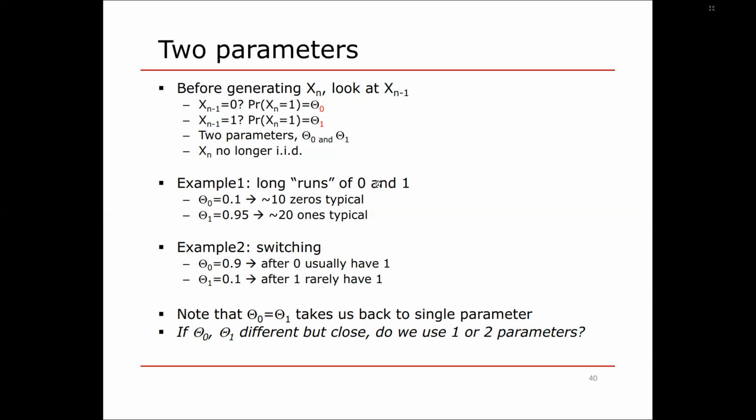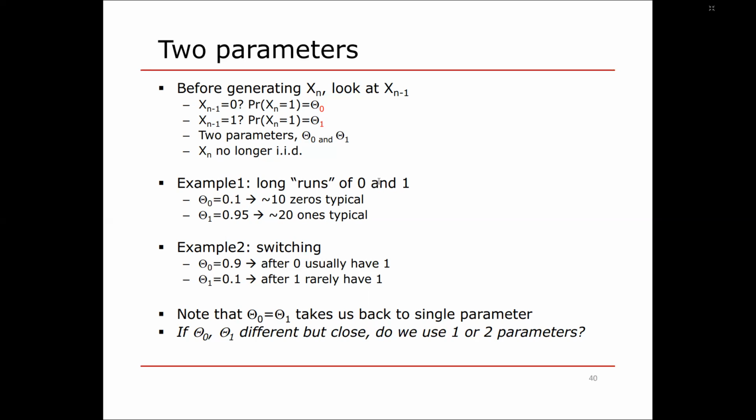Let's now discuss examples. Example number 1 will involve, in our data, which is a bit vector, long runs of zeros and ones. Take, for example, theta 0 equal 0.1. So after we have a 0, the probability for generating a 1 is 0.1, meaning that the probability for generating a 0 is 1 minus 0.1, which is 0.9.